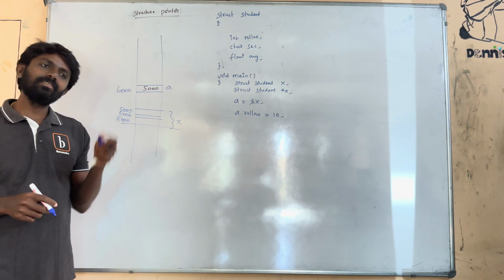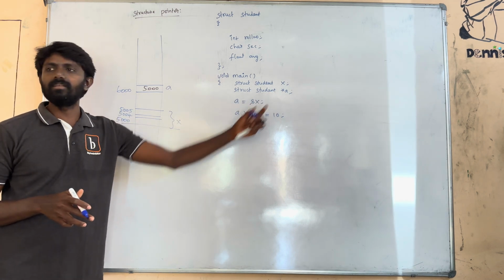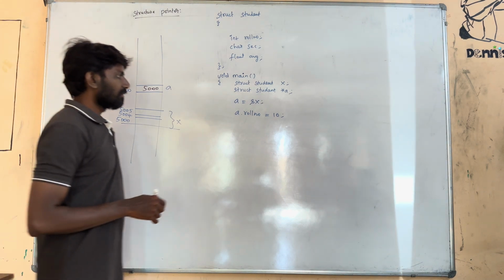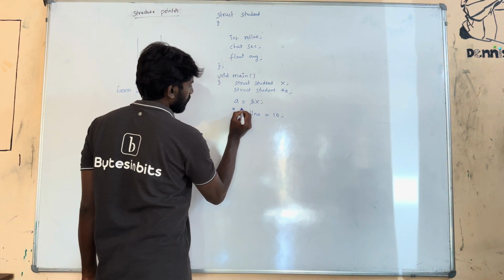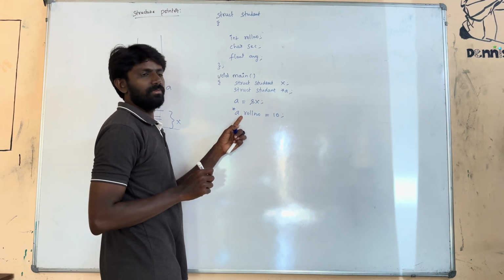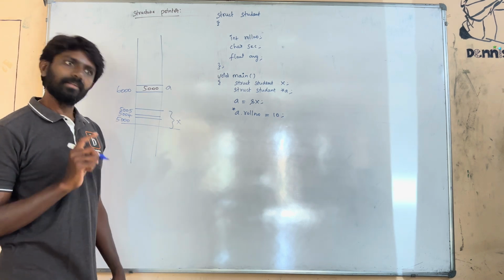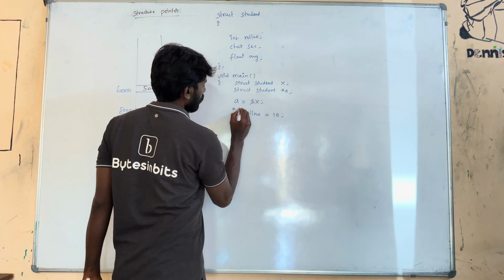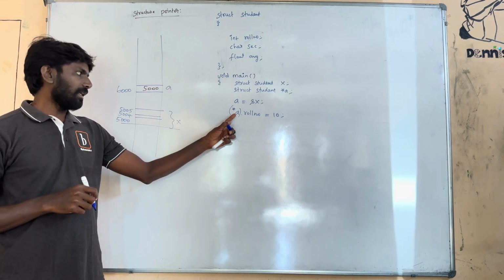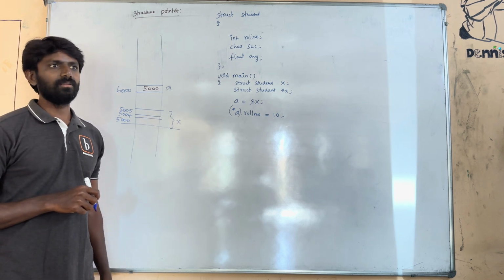A is not a normal variable, it is a pointer variable. So you have to use a star. But if you consider star and dot, which has higher precedence? Dot. So what do you have to do? You have to write star A in brackets and then dot roll number.